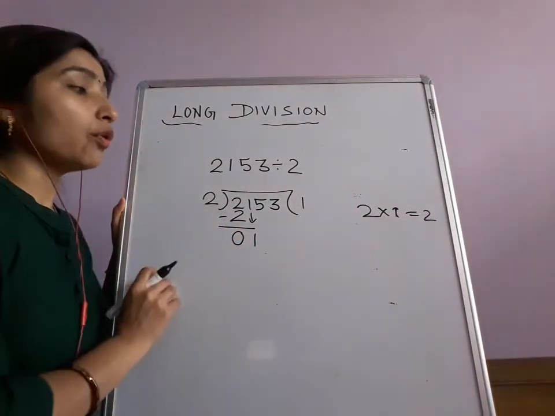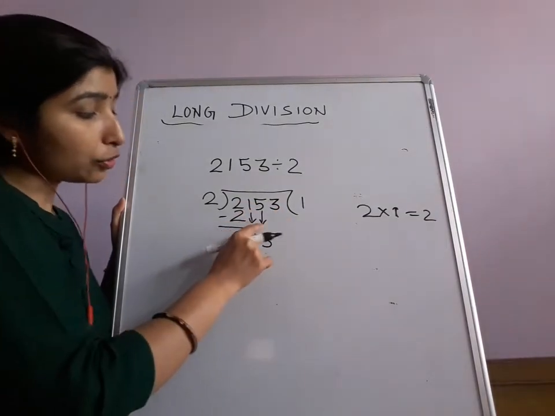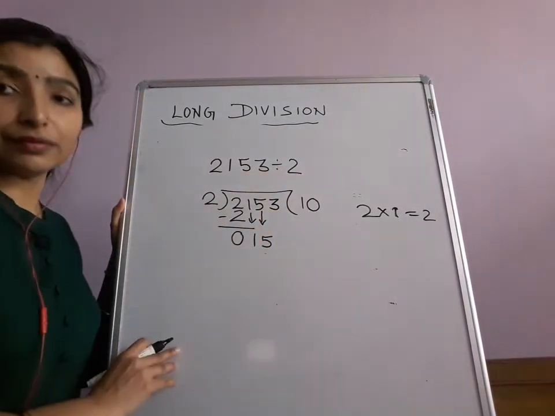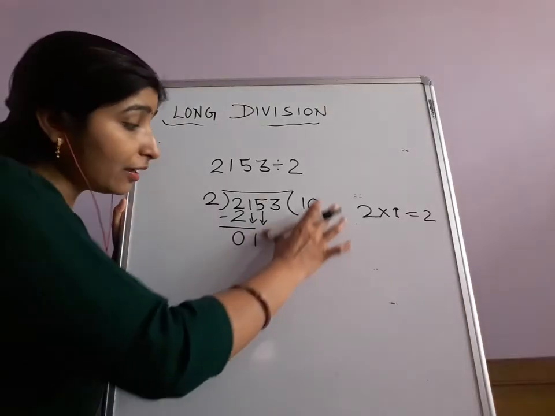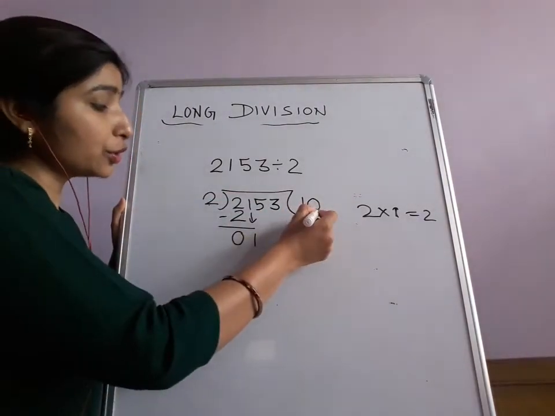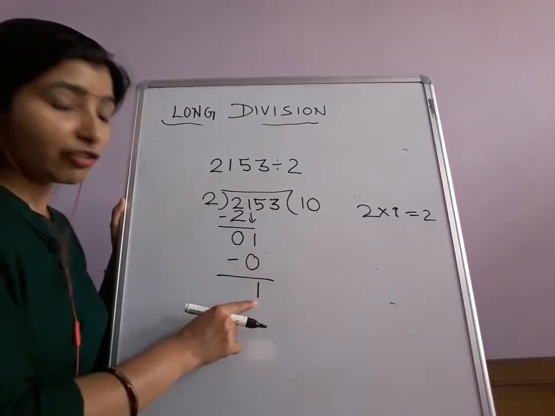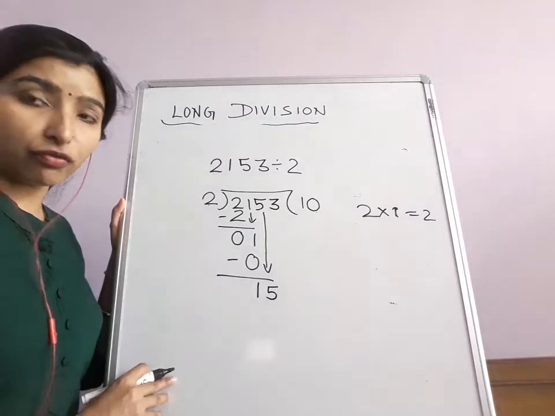So you have to bring down this 5 here also. When you are taking 2 digits together, you have to put 0 here. And I told you in the earlier example why: because if I say 2 zeros are 0, the remainder will be 1, and now you have to write down 5.